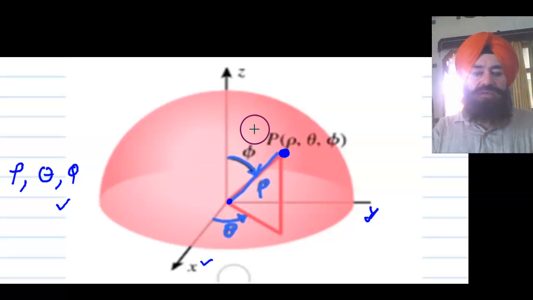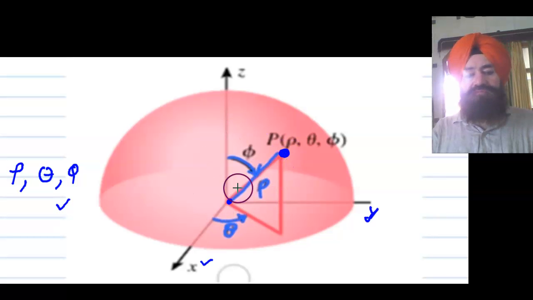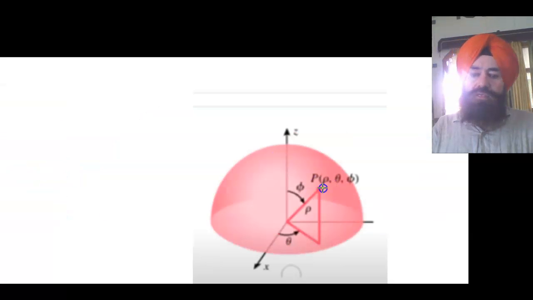Now it is on the semi-sphere. This is the point P on the semi-sphere.